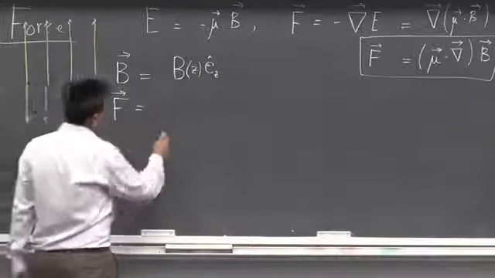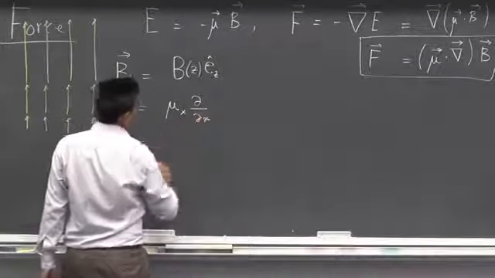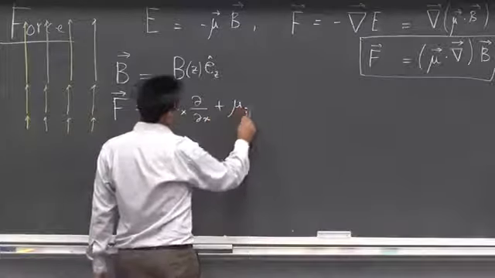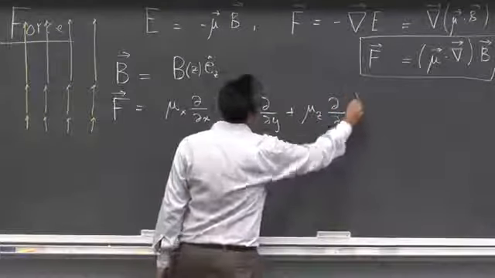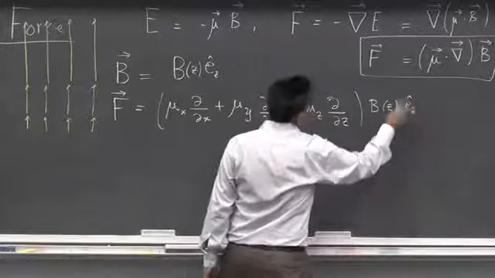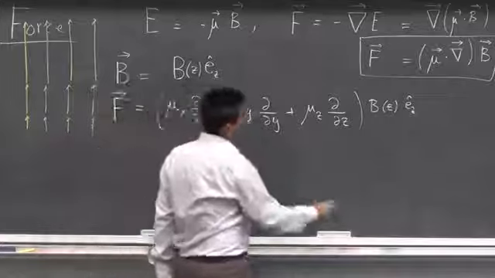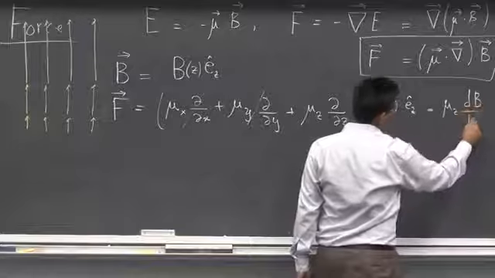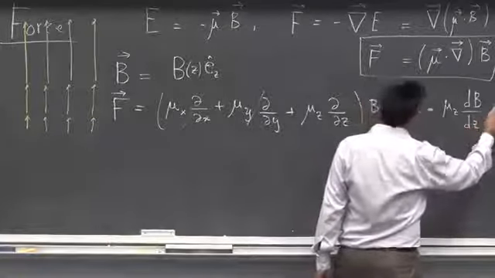The force is mu x ... Now the field only depends upon the z variable, so this goes away, and you're left with mu z dB over dz. Since you have variation in only one variable, I've replaced the partials with proper differentials, and this is easy.